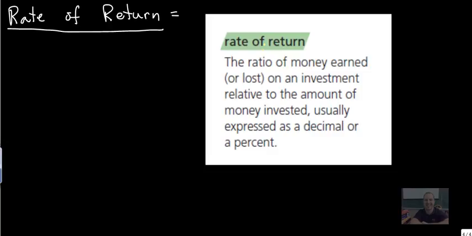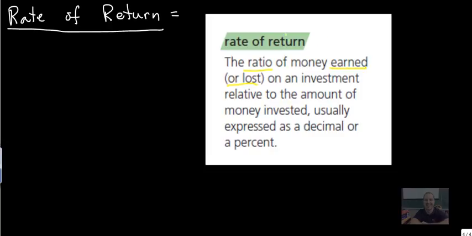Okay, if we're talking about a financial topic, when someone says the rate of return of an investment, it's the ratio of money earned or money lost on an investment relative to the amount of money invested.